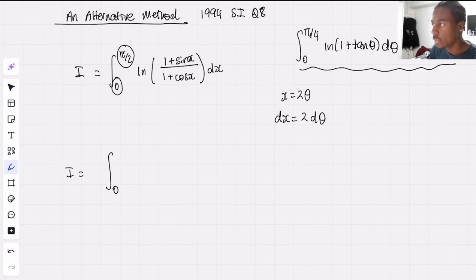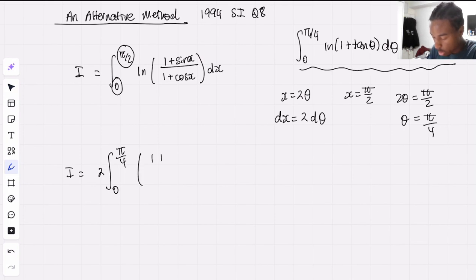And then when x is equal to pi over 2, remember x is equal to 2 theta, and this was the whole point of the idea. We now have theta equals pi over 4. But don't forget that 2 on the outside, and then we have ln of 1 plus sine 2 theta over 1 plus cos 2 theta d theta.